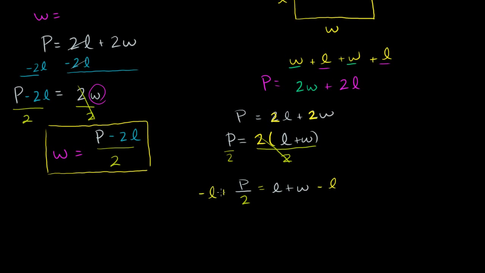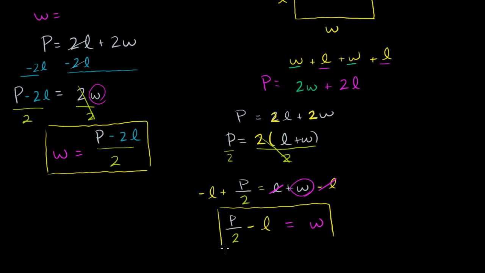That's the same thing as adding a negative L. And so on the right-hand side, you're just left with a W. And then the left-hand side, you're going to have a negative L plus P over 2, or you could just change the order, and you can write this as P over 2 minus L. And this is also an equally legitimate answer.